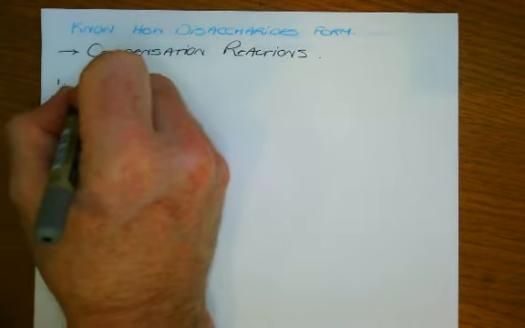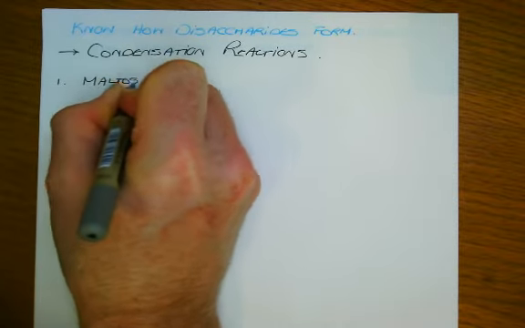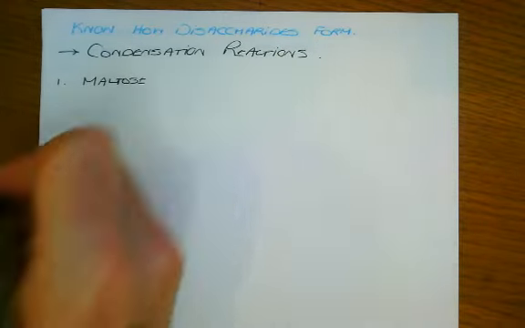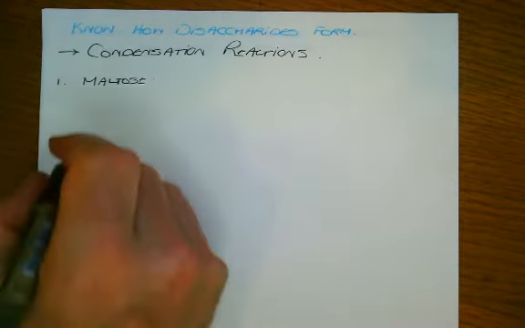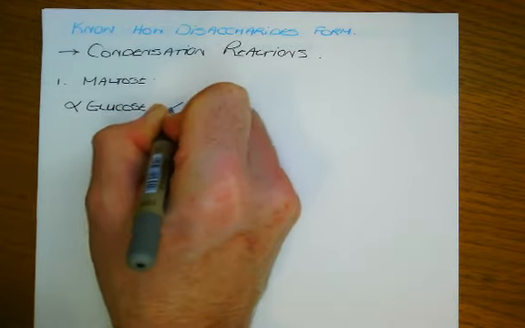We'll look at a specific condensation reaction in a moment. But in the spec, there are 3 disaccharides to know. The first one is maltose. Maltose is a disaccharide formed from the formation of alpha glucose plus alpha glucose.